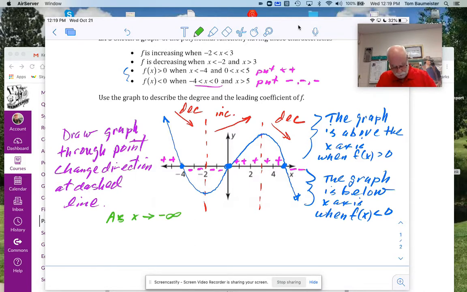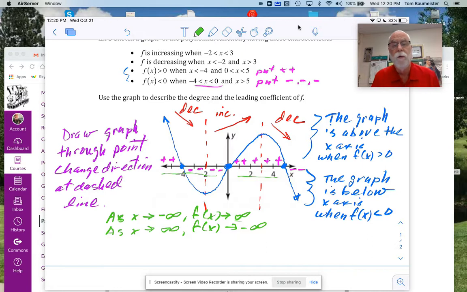So remember, as x is going this way, what's happening to y, or f of x? F of x is going to positive infinity. And then as x goes to positive infinity, f of x, again, so we would be going this way, and f of x, as you can see, is going to negative infinity.